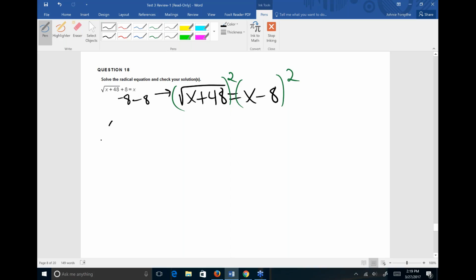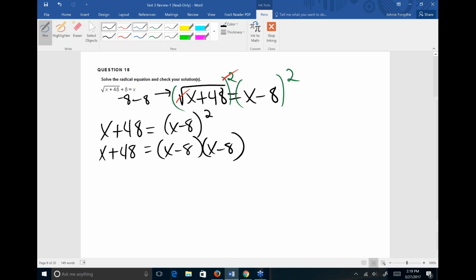So on the left, I have x plus 48 because the square root and the square cancel out. On the right, I have x minus 8 squared. Now, in order to multiply this out, I'm going to write it twice and FOIL. So that's x times x, which is x squared, minus x times 8, which is negative 8x.